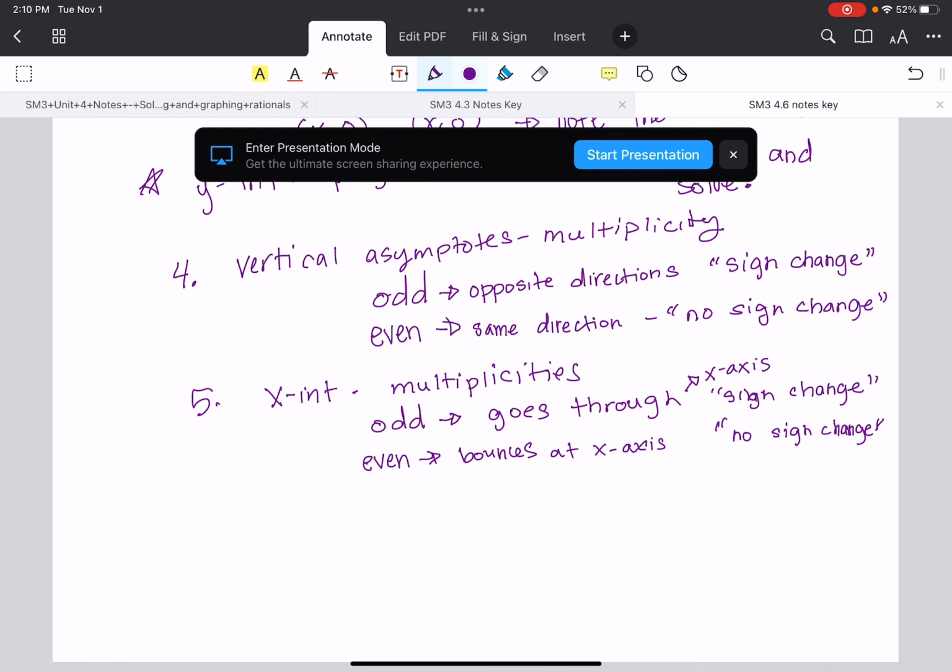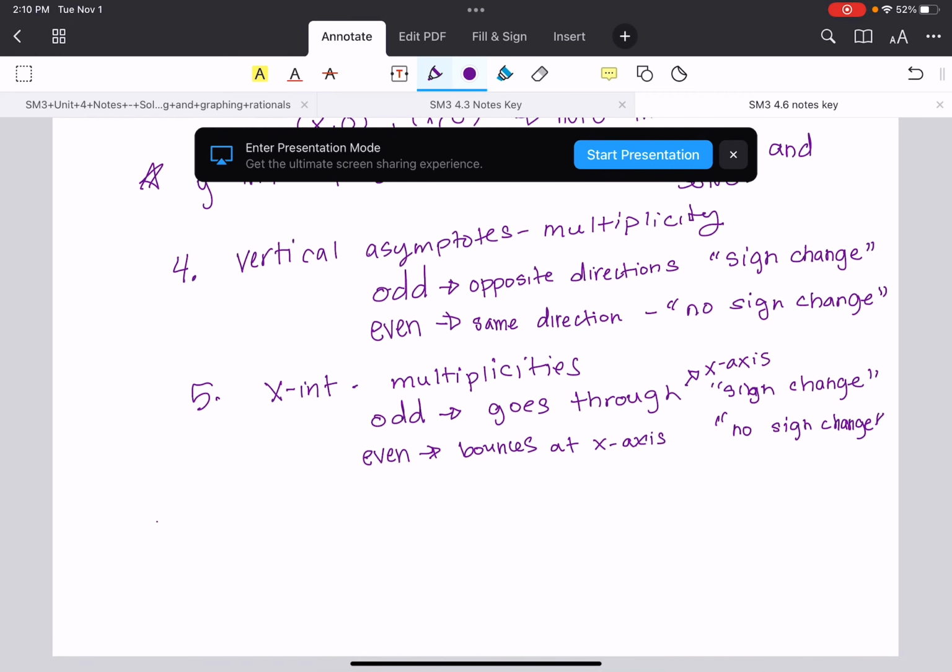Okay, the last thing I want to write is how to do the domain. You need your excluded values for this. It's always going to look like negative infinity, and it's always going to have parentheses on this domain.